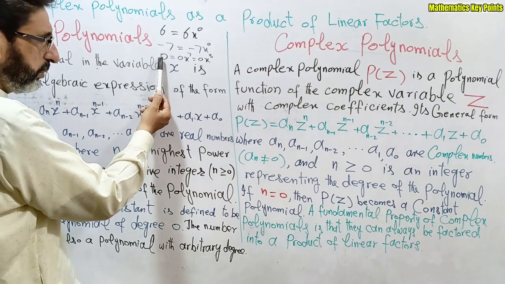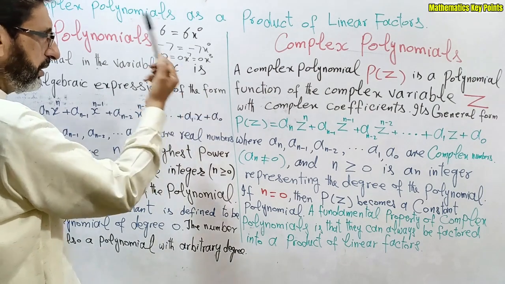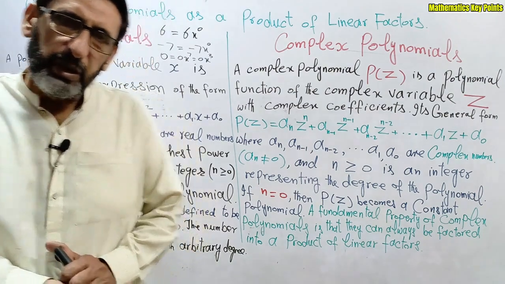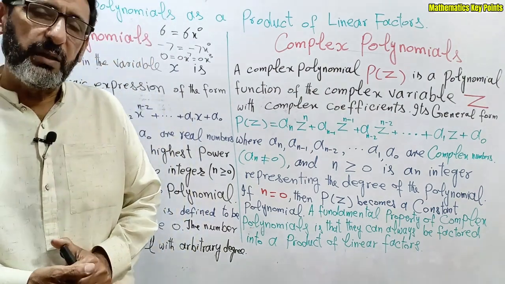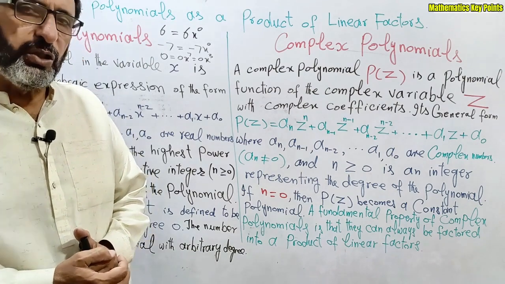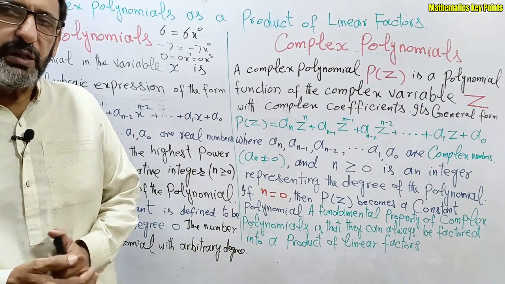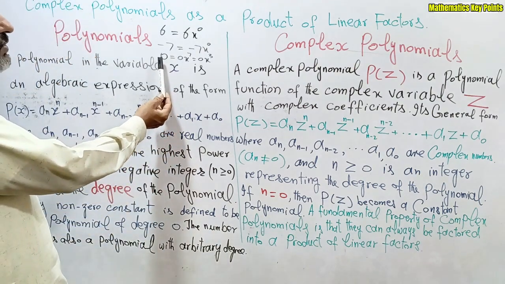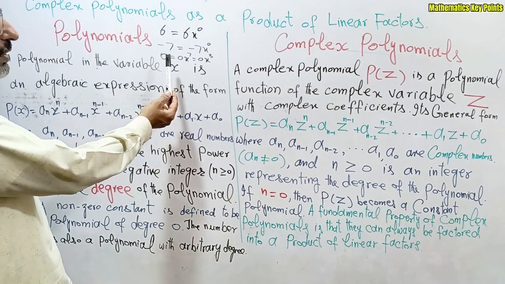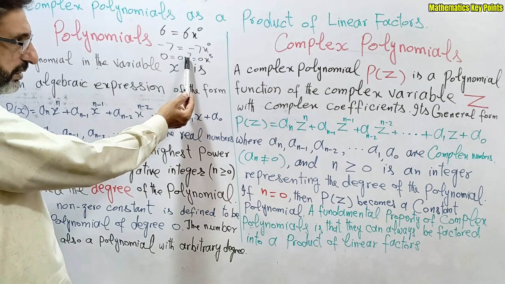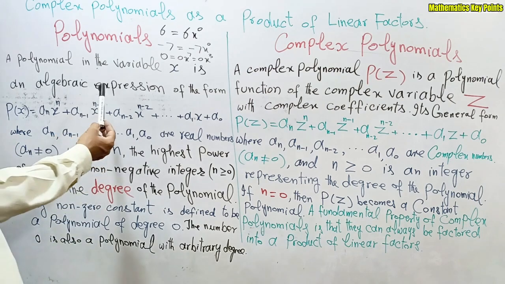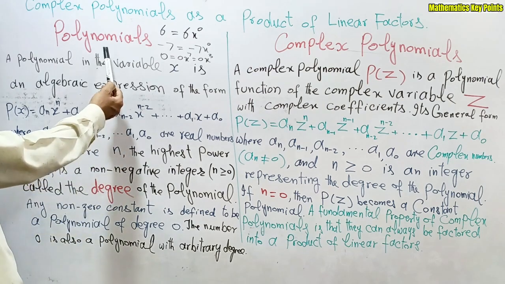So 0 is a polynomial with arbitrary degree. As we say, a null vector is a vector having magnitude 0 and arbitrary direction. In the same way, here we say 0 is a polynomial having arbitrary degree. This was a brief recapitulation of polynomials.